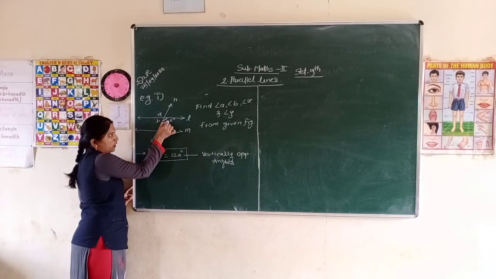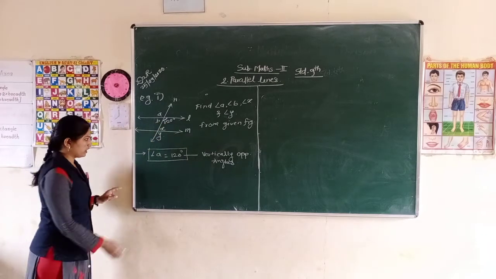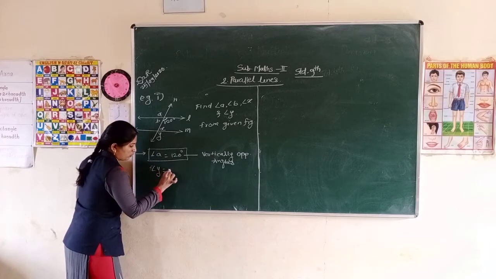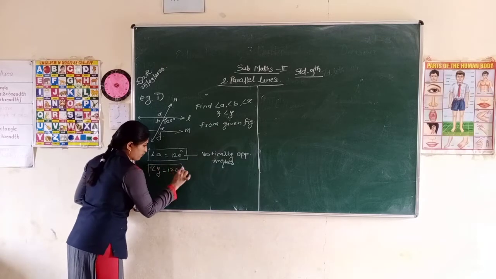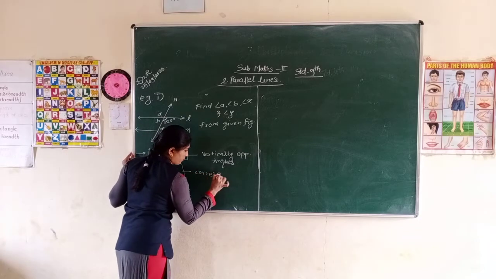Then 120 and Y. See, 120 and Y are corresponding angles. Therefore, angle Y equals 120, corresponding angles.